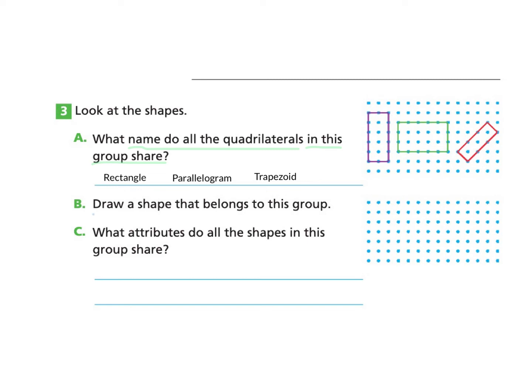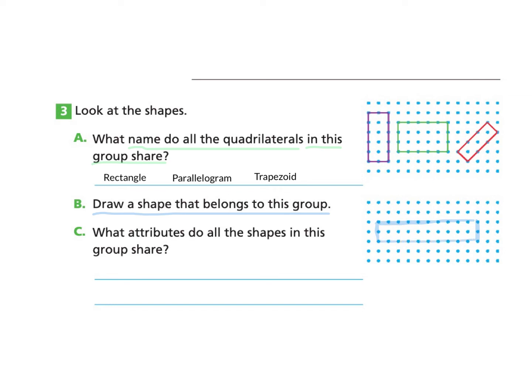Part B asks to draw a shape that belongs to this group. Again, you may want to pause and try Part B on your own and come back, or you can follow along with me. I'm going to draw two sides that are equal and two other sides that are equal.